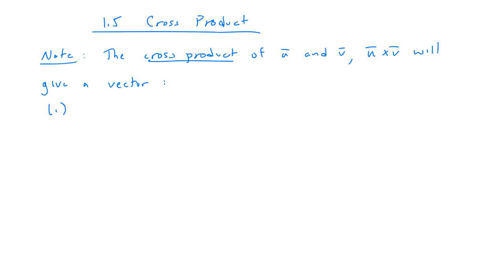So the cross product will give us a vector with 2 properties, only one of which we will care about, although the second one we'll care about a little bit later.